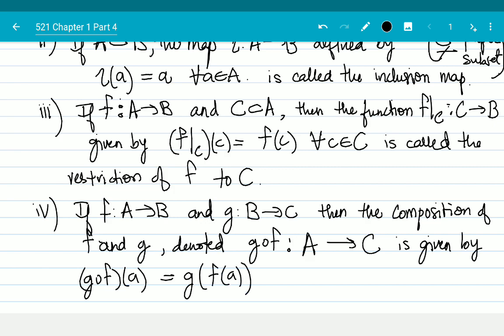And it is for every a in A. Okay. Now keep in mind, in g o f, f happens to a first, then g. You cannot do g first to a and then f, because g is a function from B to C, not from A to C. Okay?